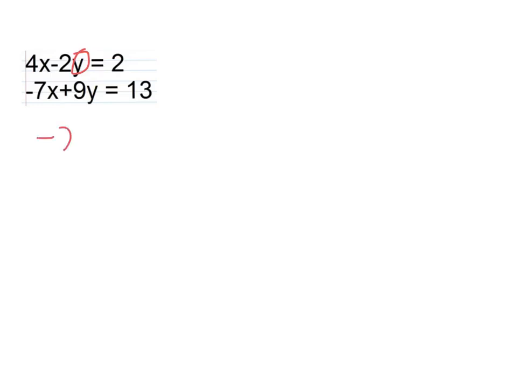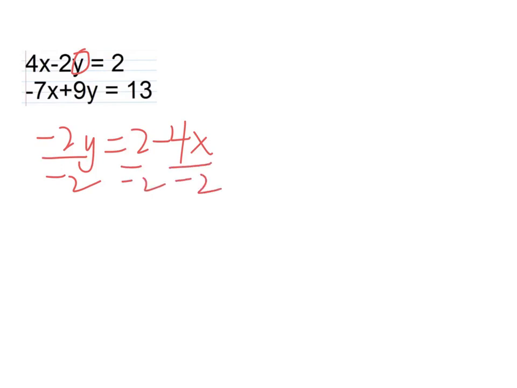So I have -2y equals 2 minus 4x. I just subtracted 4x from both sides. And now I have to divide everything by -2. Each term. Some of you on your test, you skipped one of the terms. You gotta divide everything. So this gives me y equals -1 plus 2x.